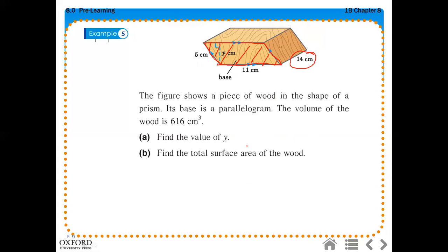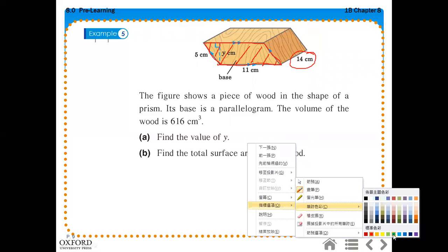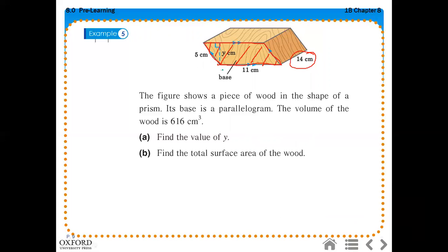So parallelogram, it is the base times the height. So the base is 11. And the height is y. So base times height times 14 is the volume. Hence, by solving the equation, you can find the unknown y.